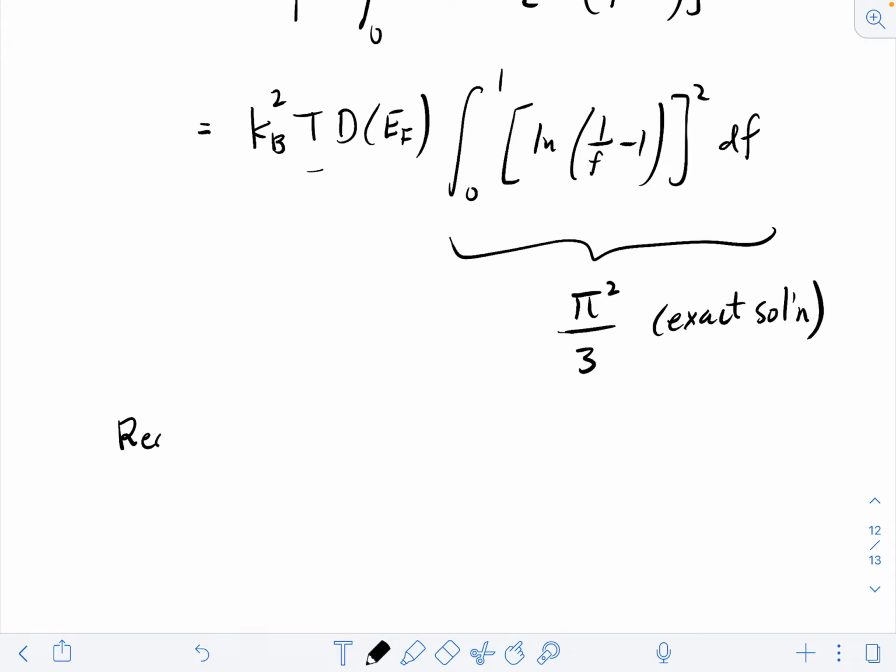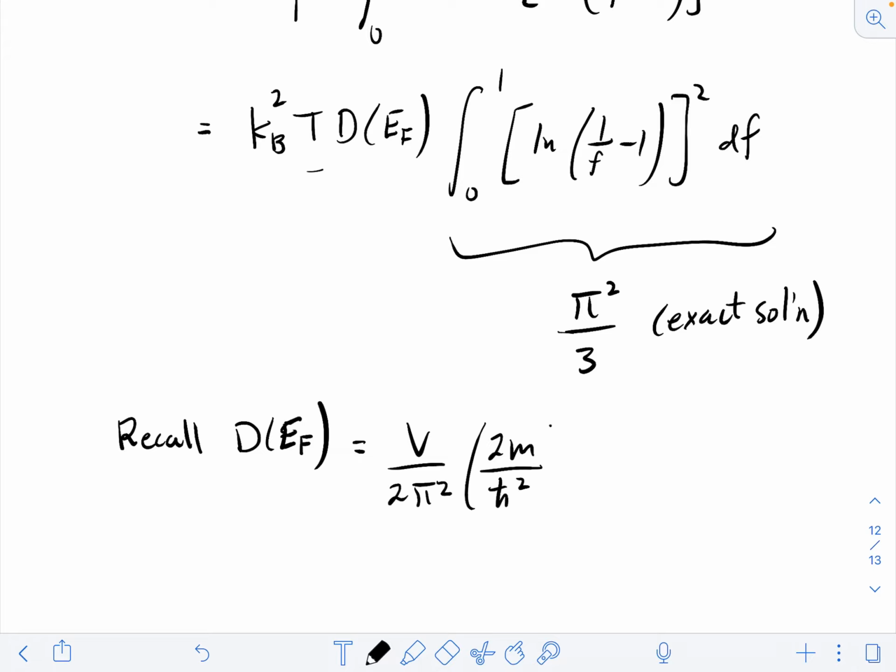And so first we'll deal with the density of states. The density of states at the Fermi energy had this form that we worked out. It was V over 2 pi squared, and then we wrote it in this way: 2m over h bar squared to the 3 halves.